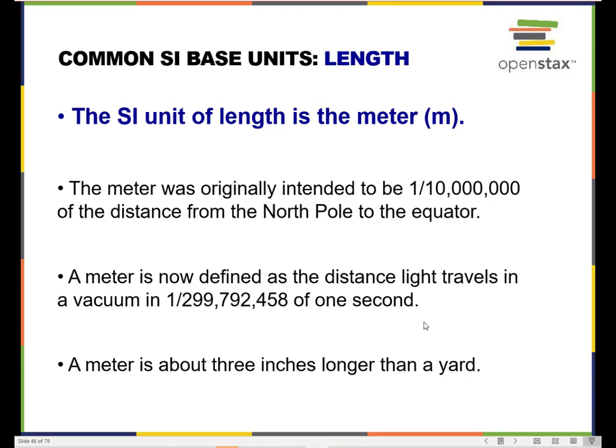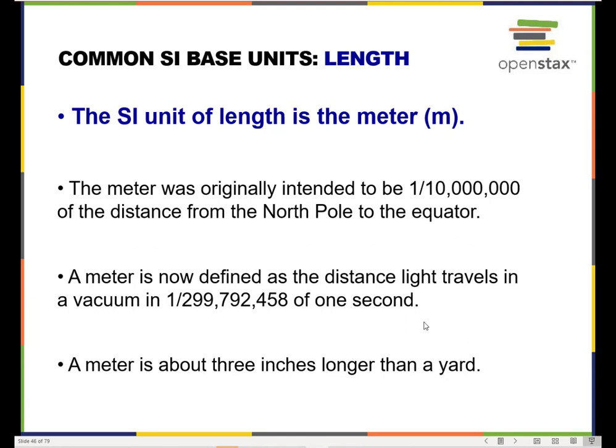So now, the way that they define what a meter is, is to say that a meter is defined as the distance light travels in a vacuum in 1/299,792,558th of 1 second.